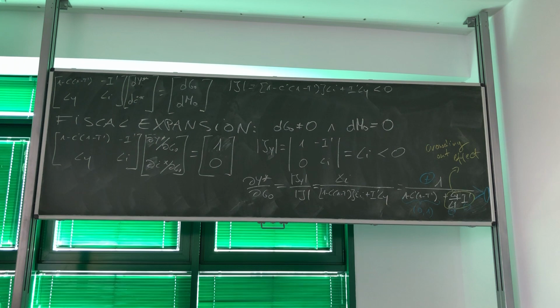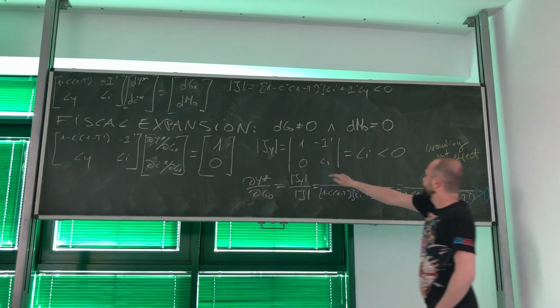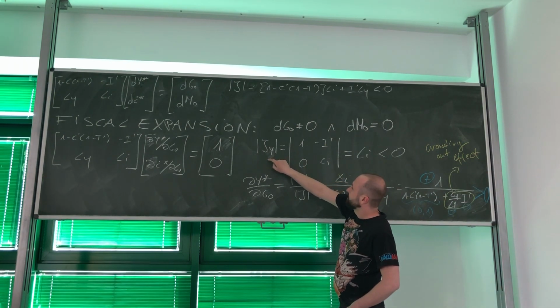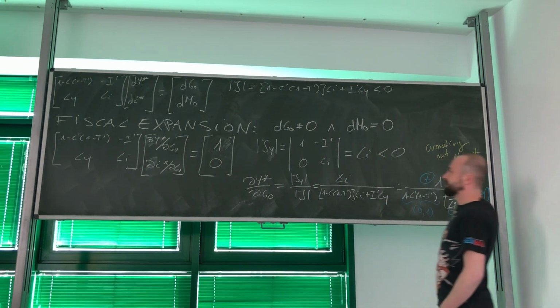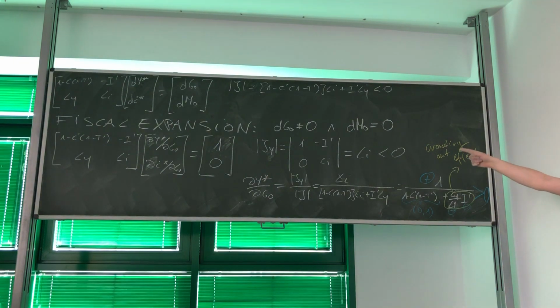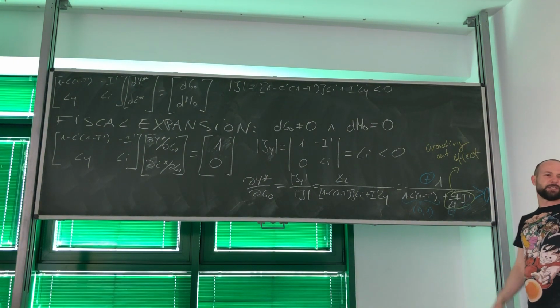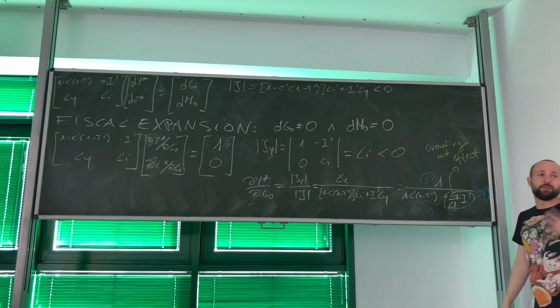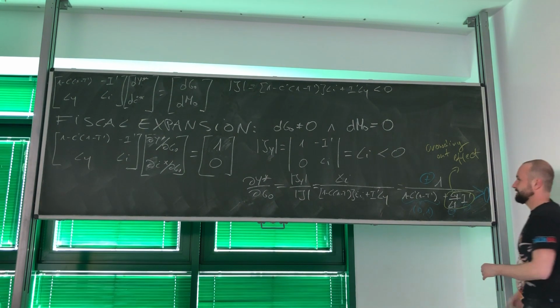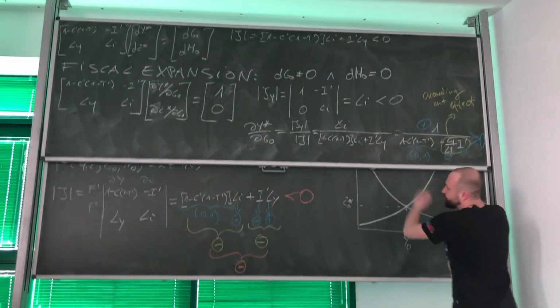The only difference is that now calculations are far, far simpler. Look how fast we got from here to the solution. Because we're always going to have ones and zeros, which makes all the calculations very, very pleasant. Okay, but this is only part of the story.